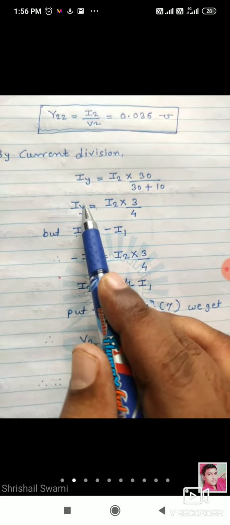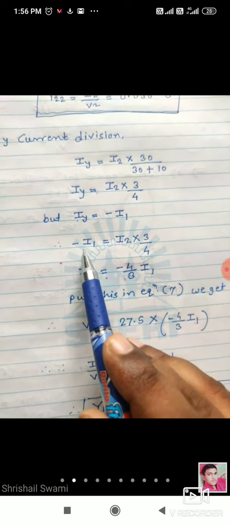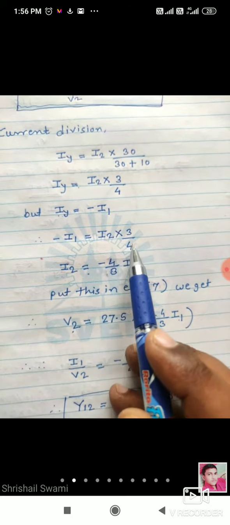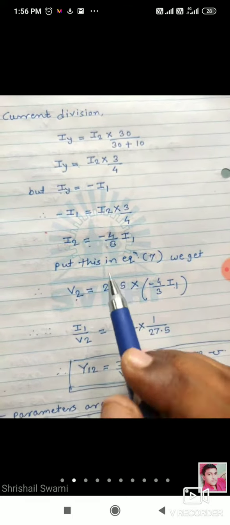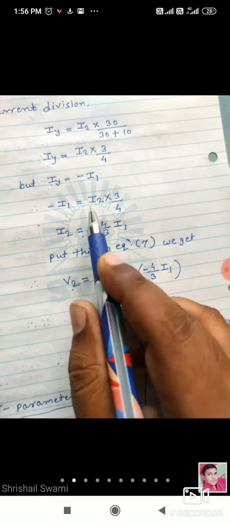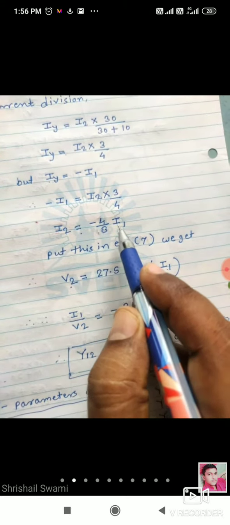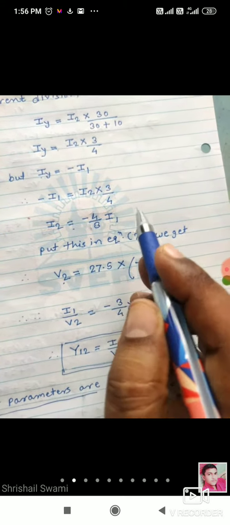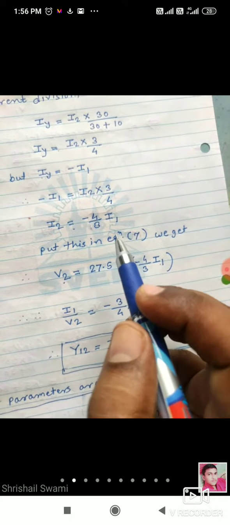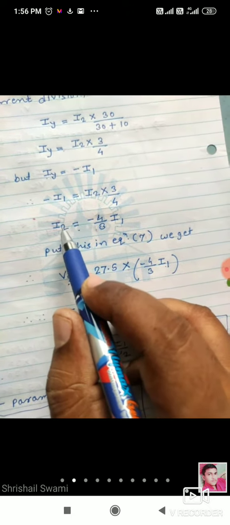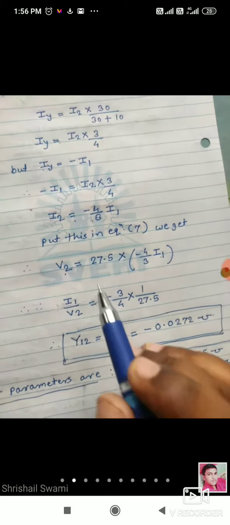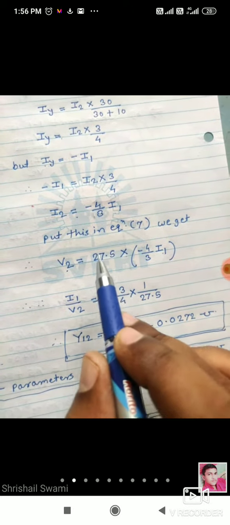So what do we mean by Iy? That is minus I1, put here. So minus I1 is equal to I2 into 3 by 4. So I2 is equal to minus 4 by 3 into I1. Now what are you replacing? I2 you are replacing, so I2 you can take from equation number 7 and put that here.